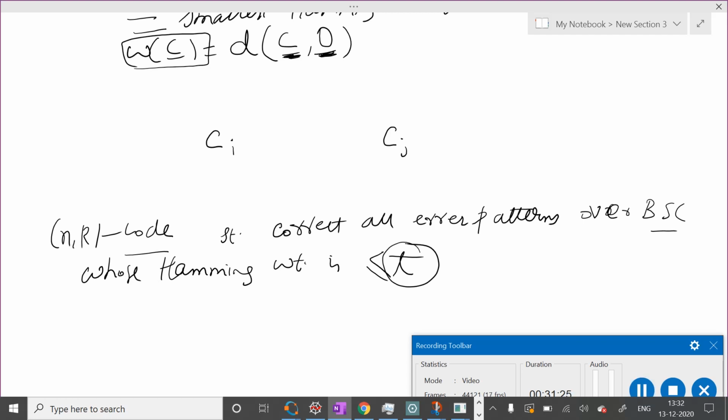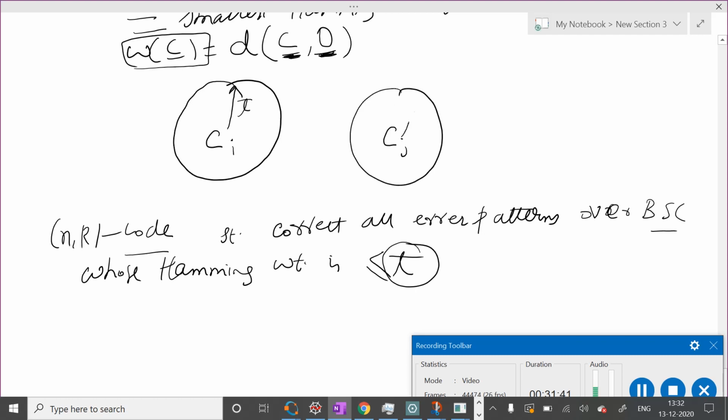Okay, now what we can do is draw a circle or a sphere around it with radius t, and similarly around this one with radius t. If you choose code words such that they don't overlap, then suppose you transmit CI and the received vector is here, R. There is an error, but it is here.